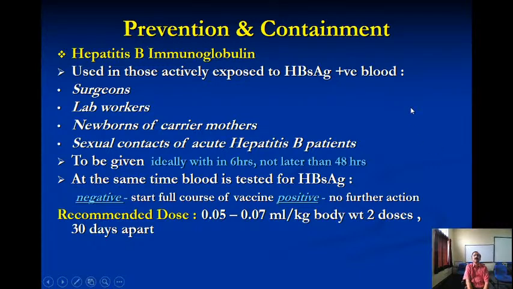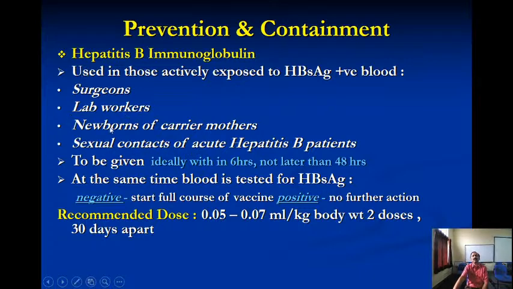Hepatitis B immunoglobulin is used in those who are actively exposed to the positive blood of hepatitis B, maybe in surgeons, lab workers, newborns of carrier mothers, sexual contacts of acute hepatitis B patients. Sexual contact of an acute hepatitis B patient is very rare.